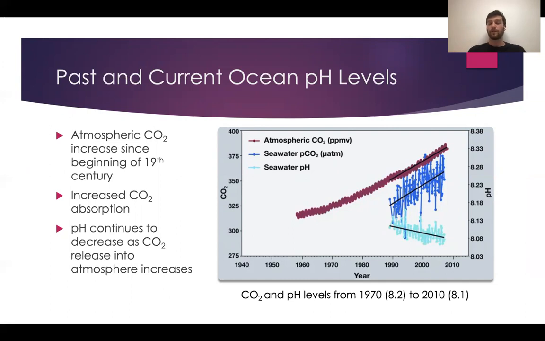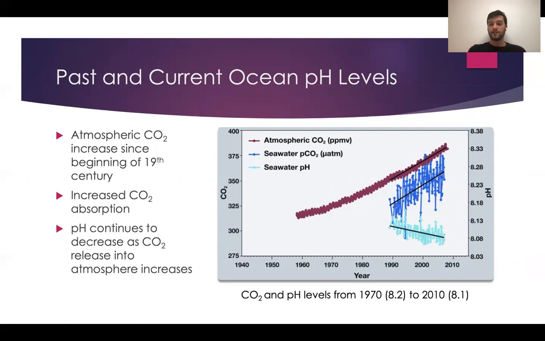We've been burning more fossil fuels, coal, oil, natural gas, and this has increased the CO2 in the atmosphere. So with increased CO2 in the atmosphere, we learned earlier, 30% of that goes into the ocean. So that means more CO2 in the water.